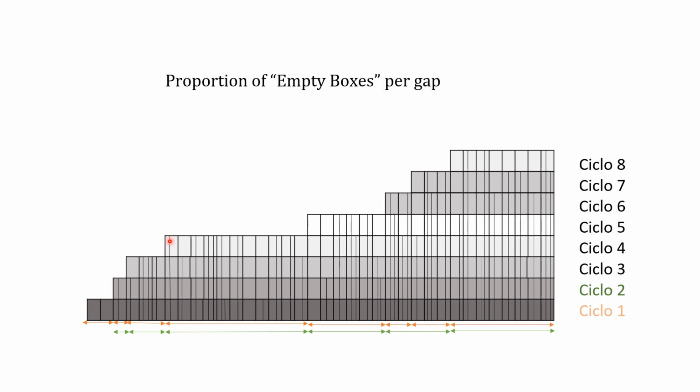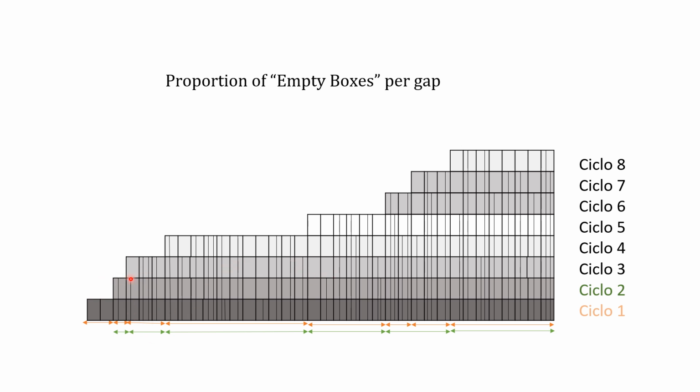So the longer the gap, the more proportion of cyclic prime tens, or empty boxes, per gap. You're going to have more empty boxes the longer the gap is. That's why bigger gaps, with more separation between the primes that form the gap, will have an increase in the proportion of empty boxes in their gap.